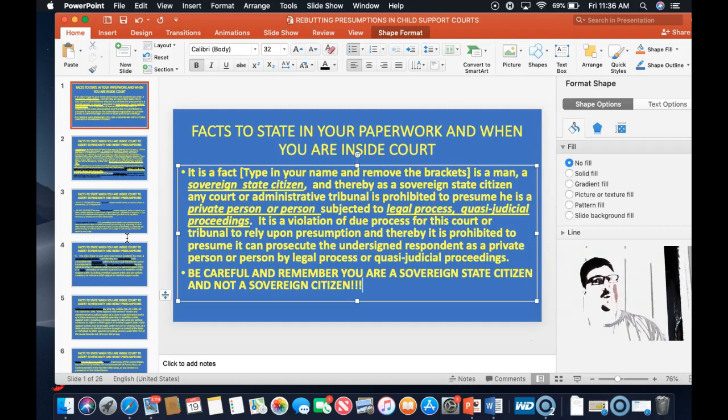It's really for the corporate United States. And the United States is a corporation under 28 U.S.C. Section 3002, subsection 15. It'll be in the slides.